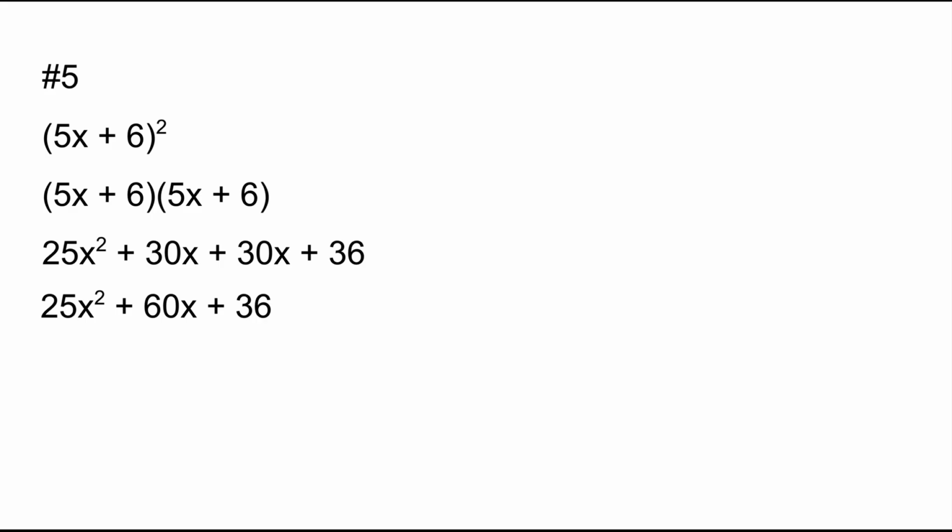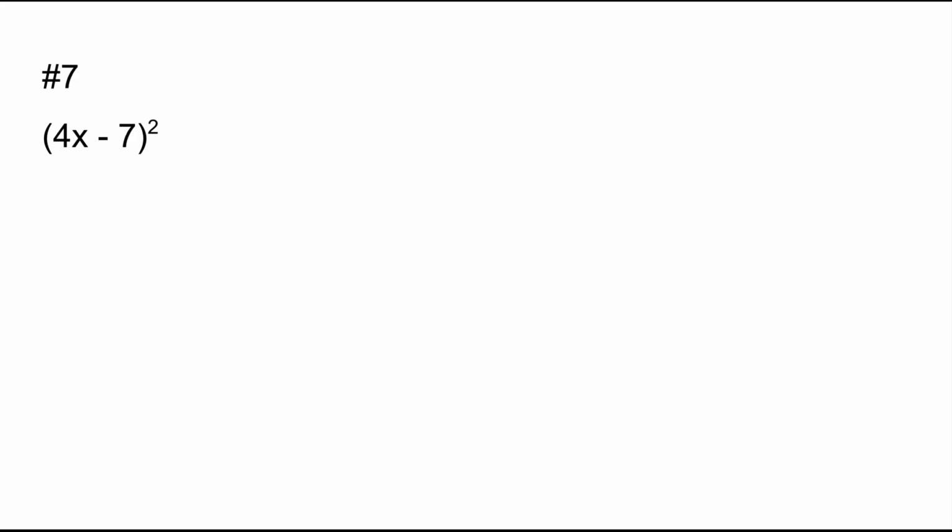Wonderful. Okay, so we are going to move on to number 7. (4x - 7) squared. Write it out the long way: (4x - 7) times (4x - 7). Multiply. 4x times 4x. 4x times negative 7. Negative 7 times 4x.